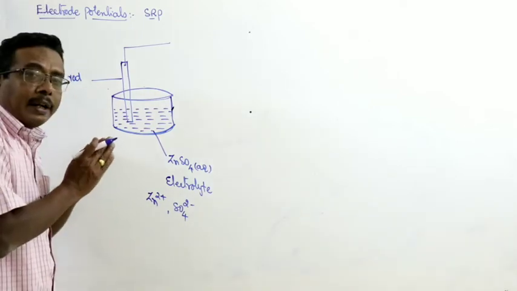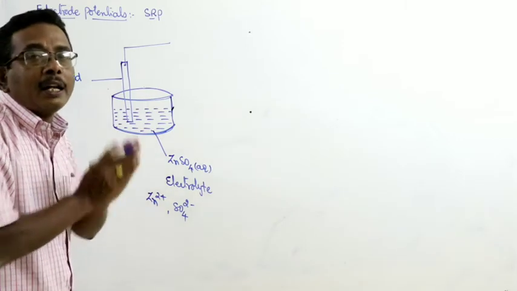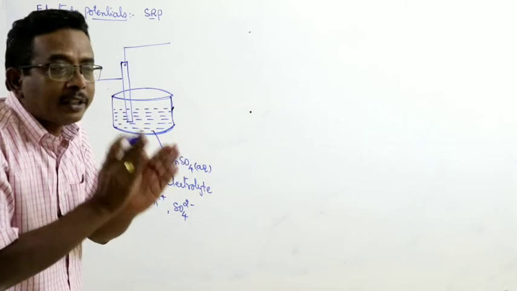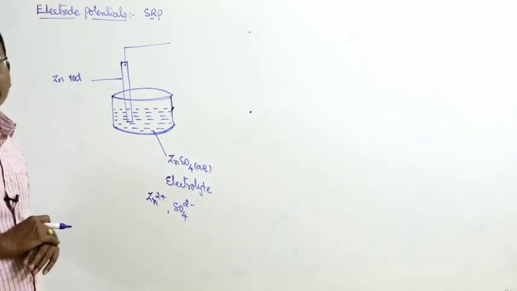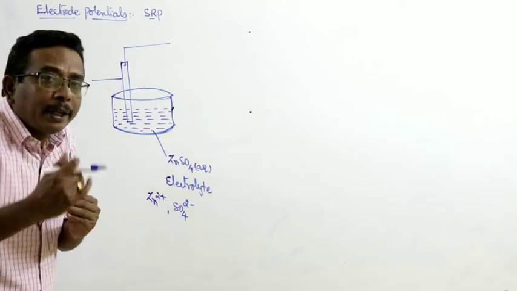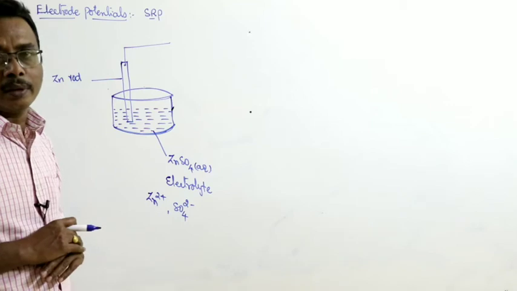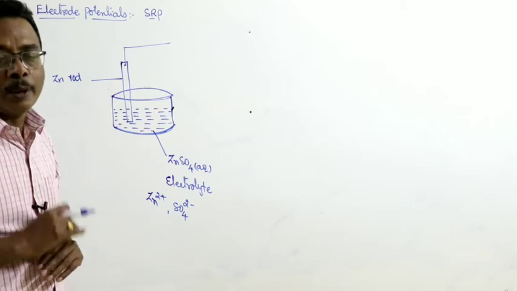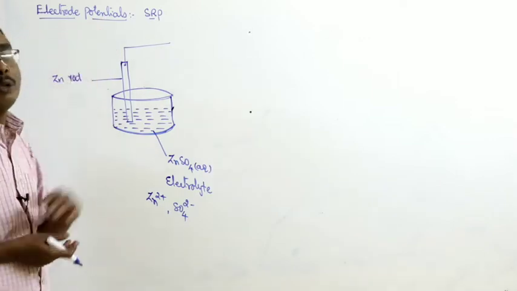When a metal rod is suspended in the electrolyte with ions of the same metal, automatically a potential difference is created, which is expressed in terms of electrode potential.